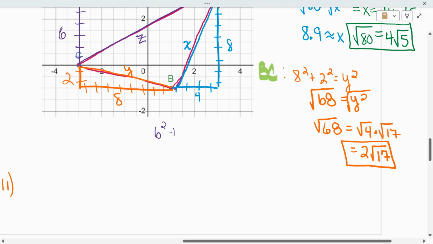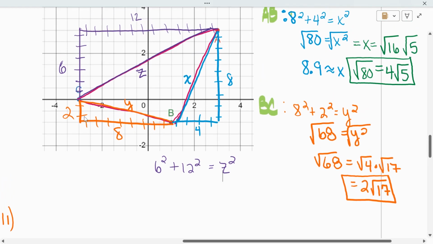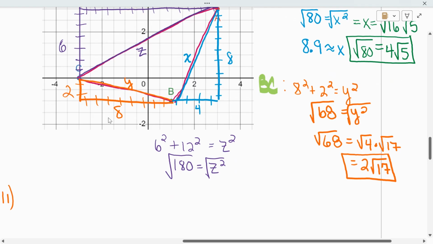So 6 squared plus 12 squared equals Z squared. What is 6 squared plus 12 squared? 180. 180 equals Z squared. Take the square root of both. Is 180 divisible by a perfect square like 16?